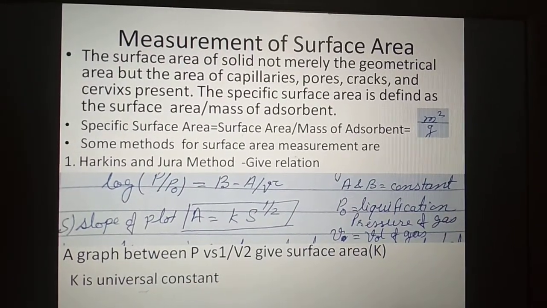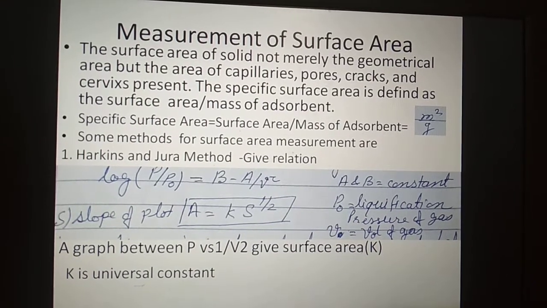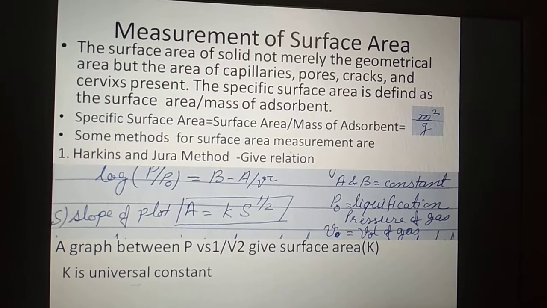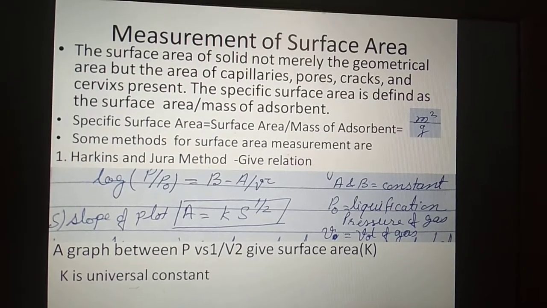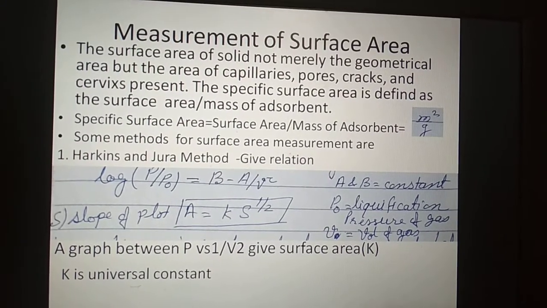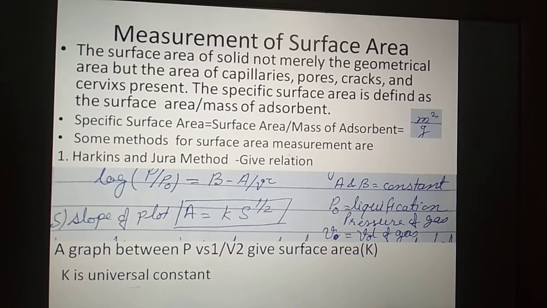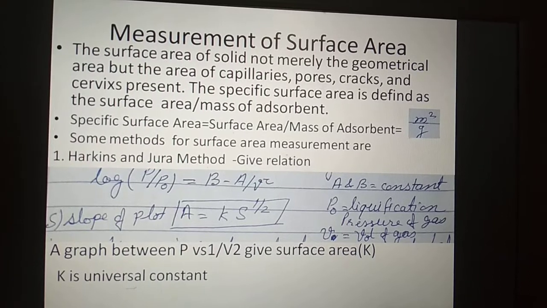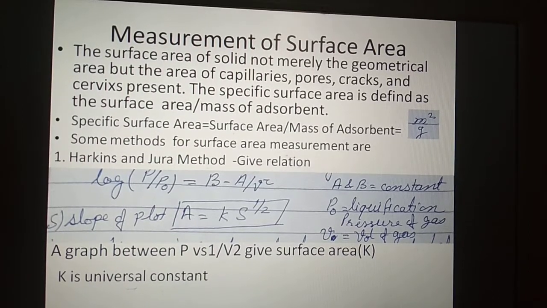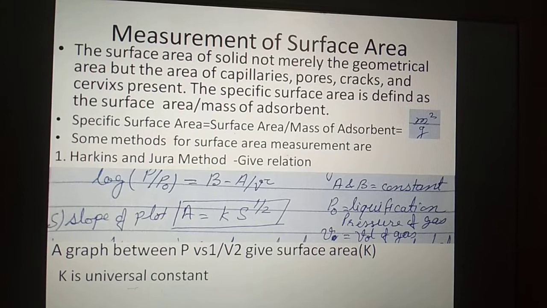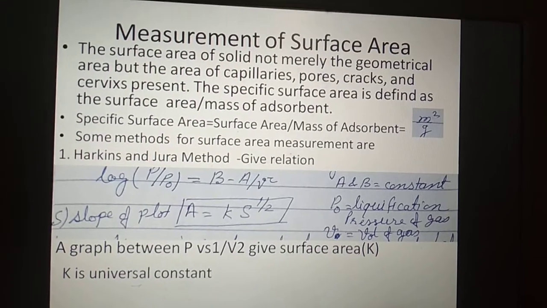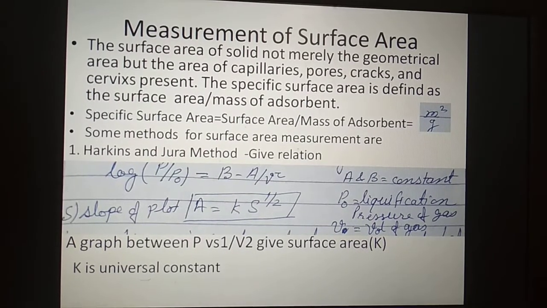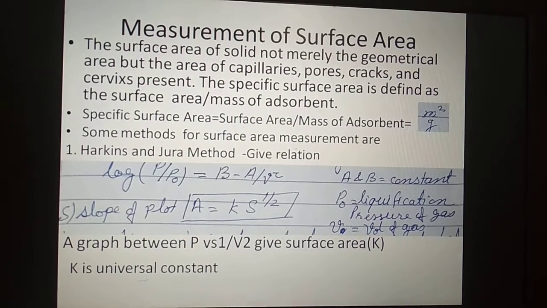The value of K can be evaluated by exposing finely divided TiO2 powder to a sufficient water vapor pressure to form several layers and then immersing the sample in liquid water. The heat of immersion of this powder was measured and then surface area is calculated.